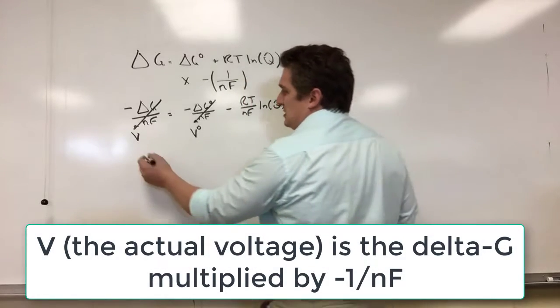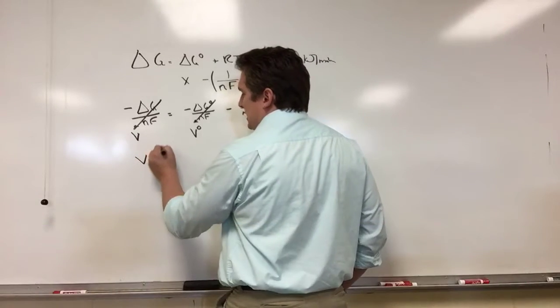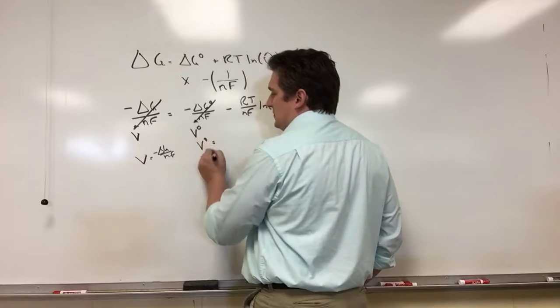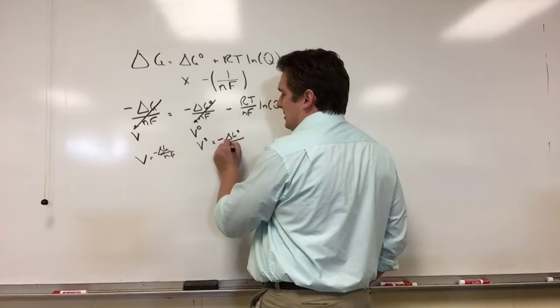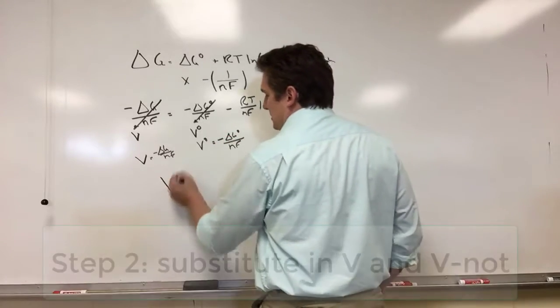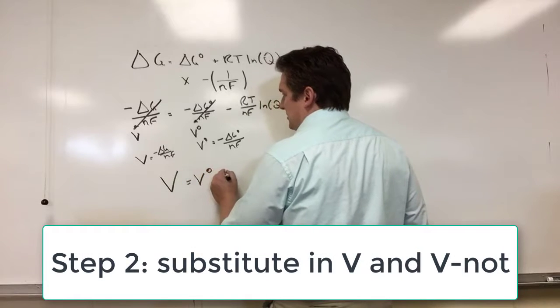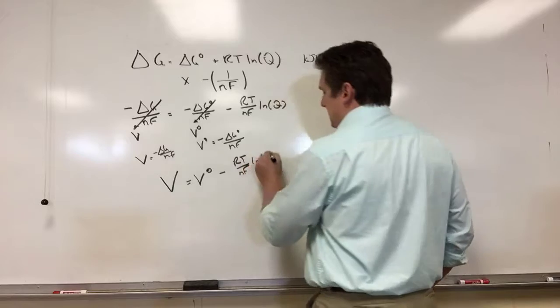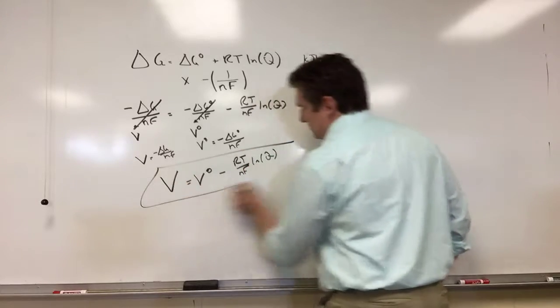So we have 2 definitions here. V, our actual voltage, is the actual negative delta G over nF, and our reference voltage V naught is minus delta G naught over nF. And so what we get is that voltage equals V naught minus RT over nF natural log of Q.